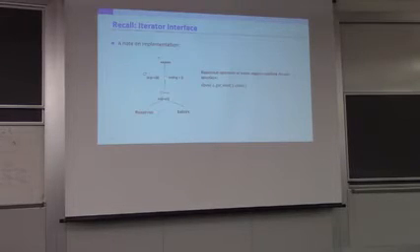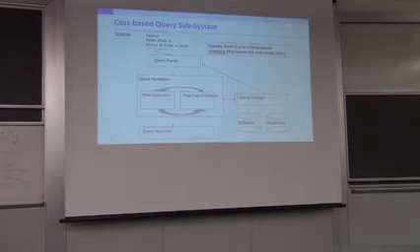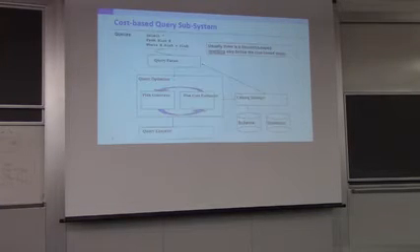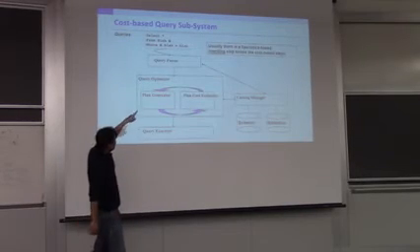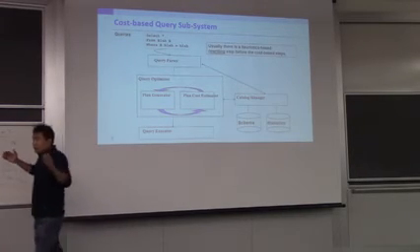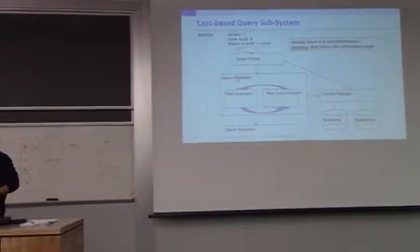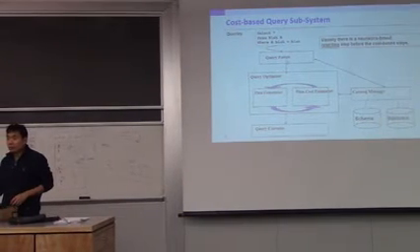So here, using this example, I'm going to motivate why the co-optimizer is important. The big picture is like this: the query parser will generate a tree plan, like this. That's essentially produced by the query parser.